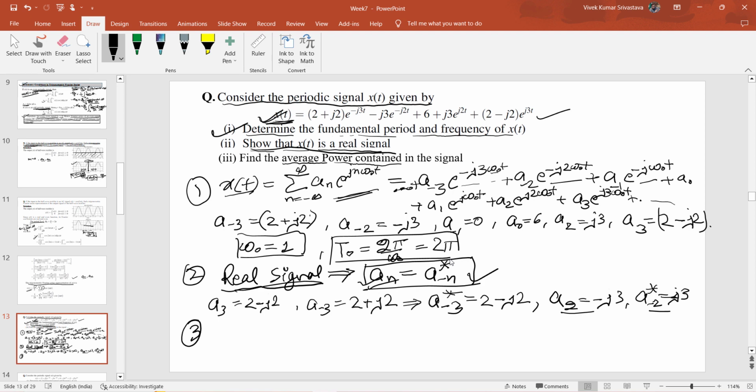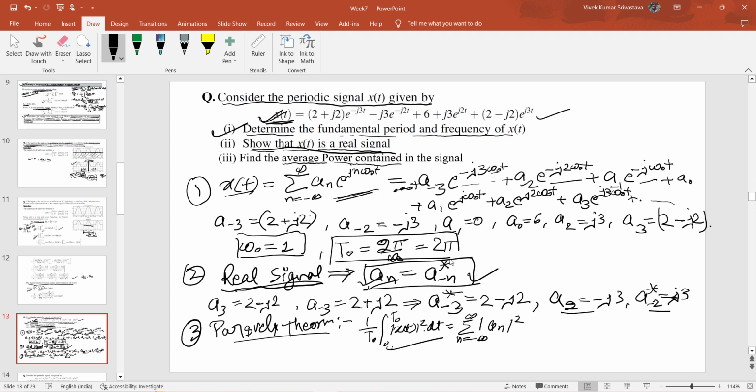As we know from Parseval's relation, the Parseval theorem, the average power contained in the signal is equal to the sum from n equal to minus infinity to infinity of mod of a of n squared.